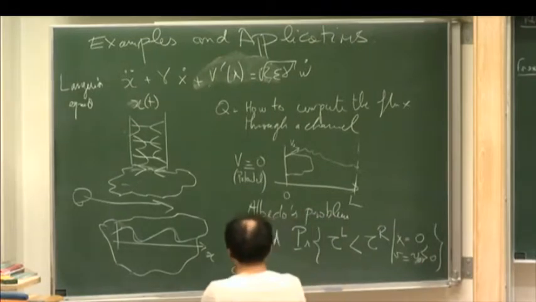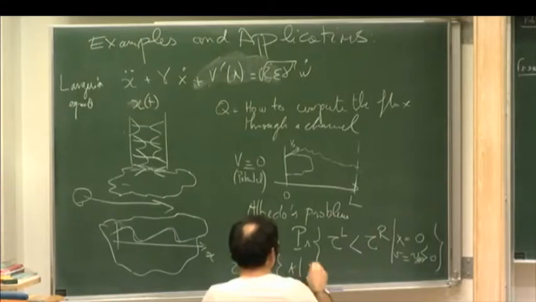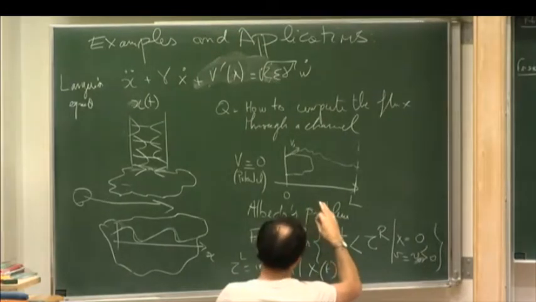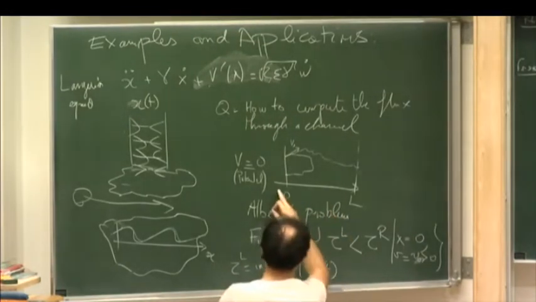Where tau L is the first time that the particle hits, let's say, the left. What is left? Left is here.